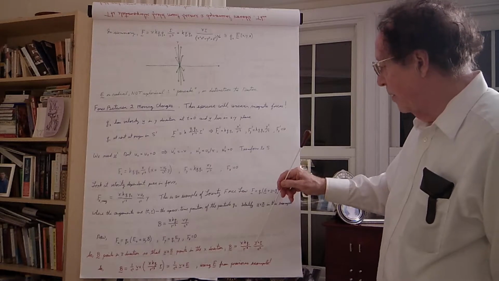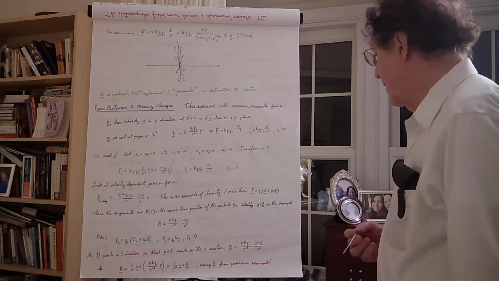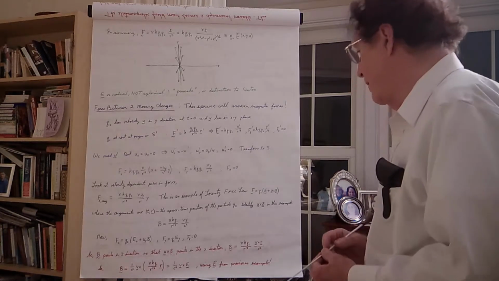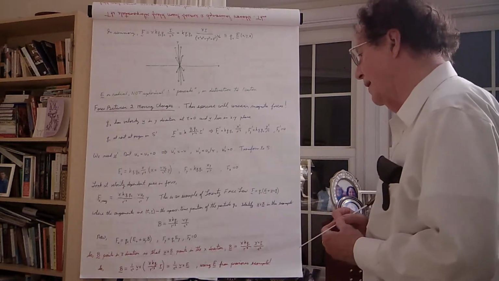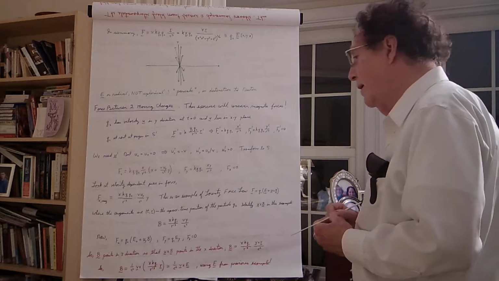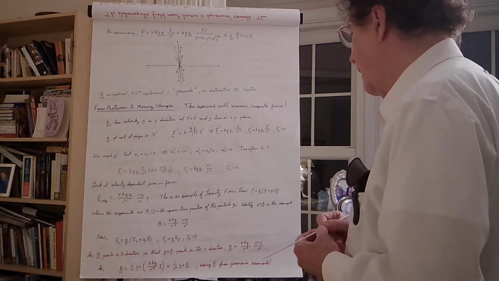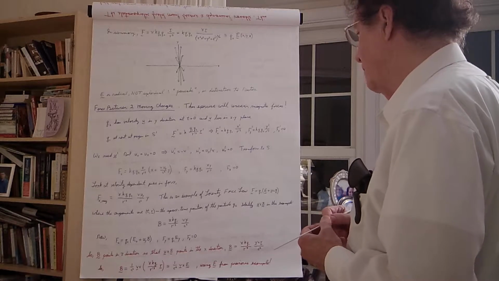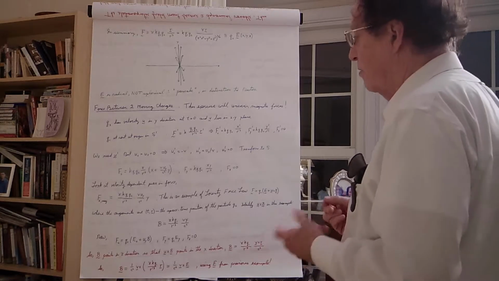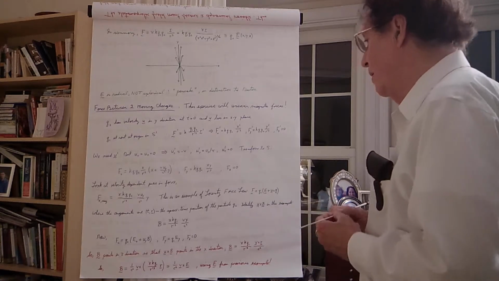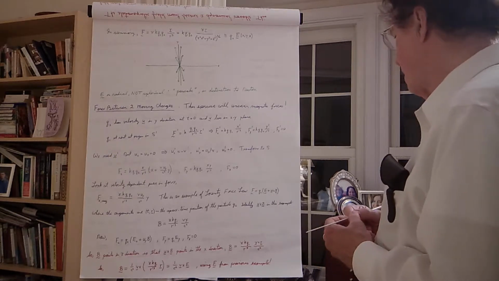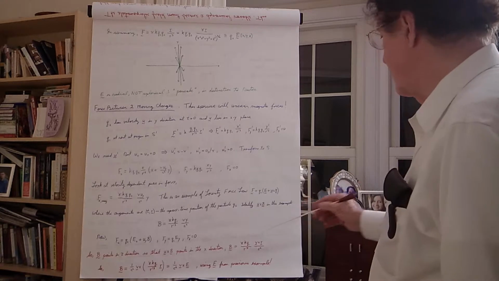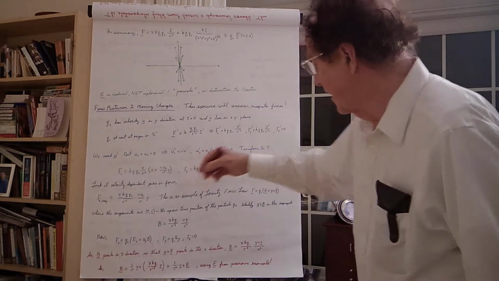V, for example, points in the x direction, and so that cross product points in the appropriate direction, so that U cross B points in the x direction.